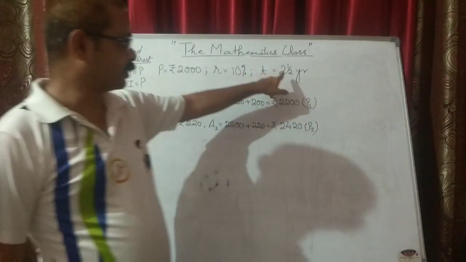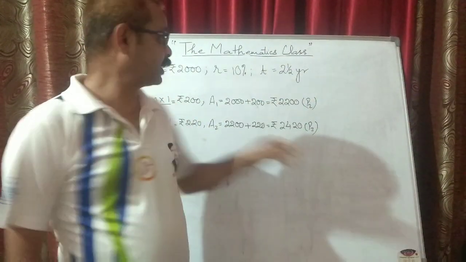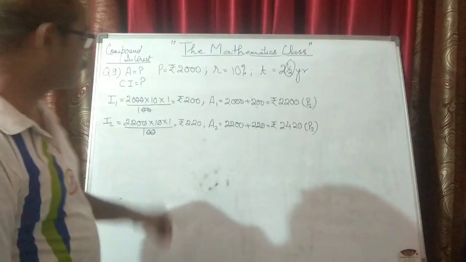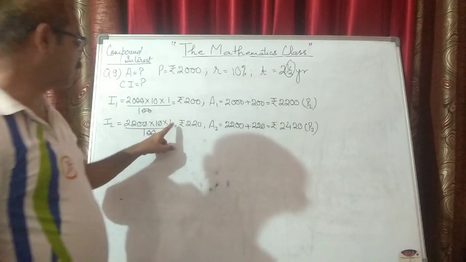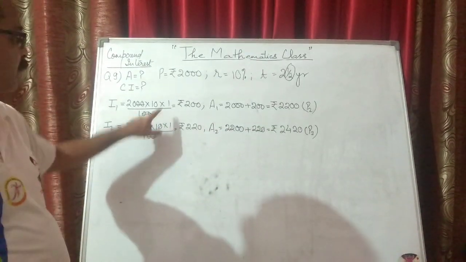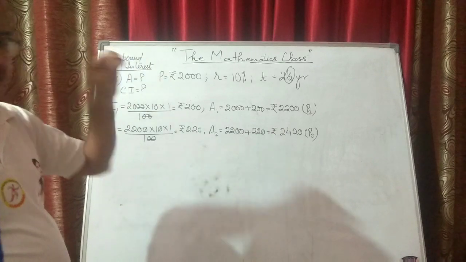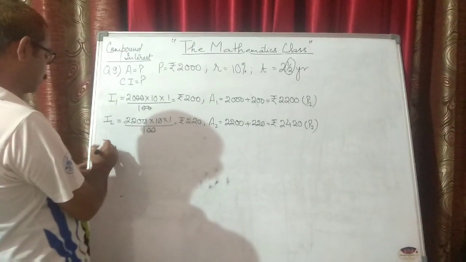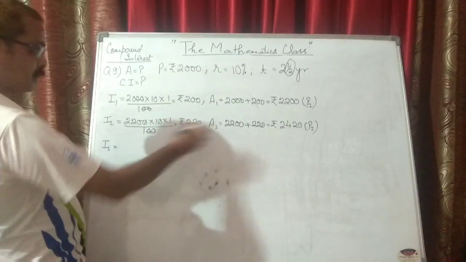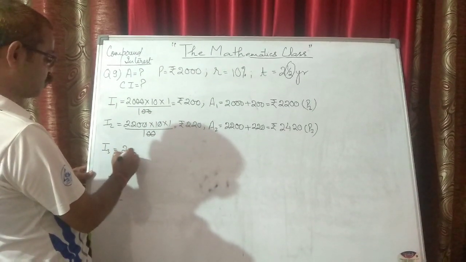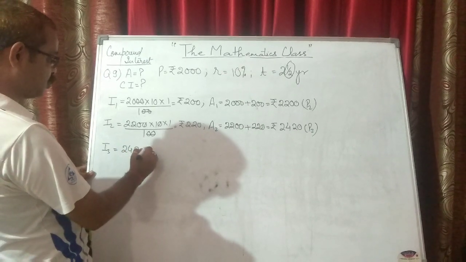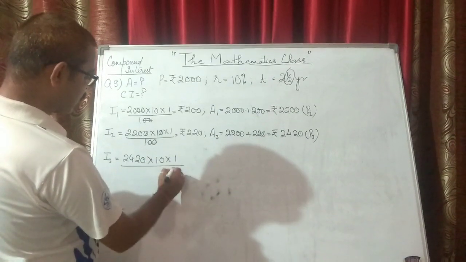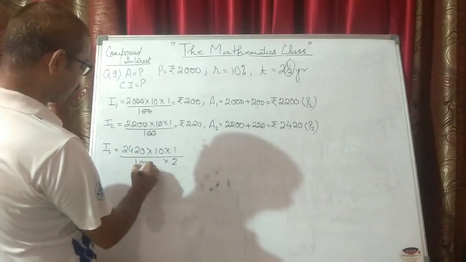Now in the third year, it is not a complete year, but only half year. So time will be considered 1 upon 2. Here we calculated 1 year, but in this case we will calculate time as half year. So interest for the third year becomes principal for the third year, 2420 into 10, for time it will be 1 upon 2 and 100 for rate of interest.